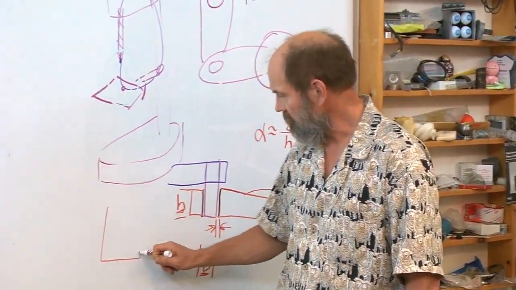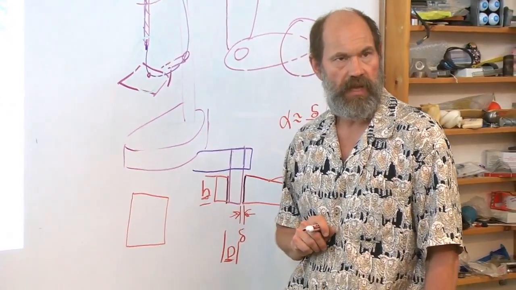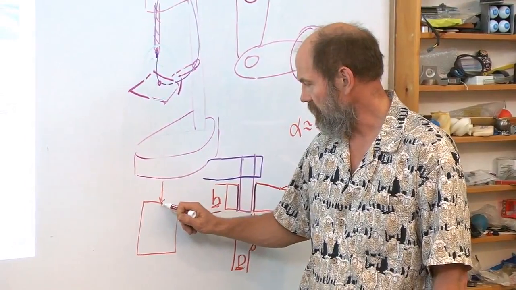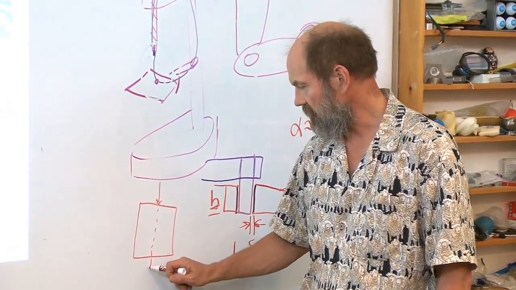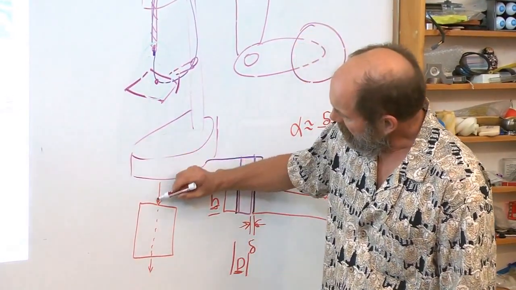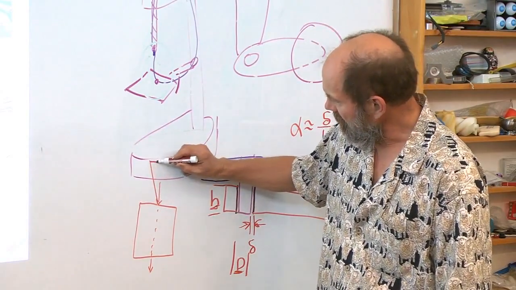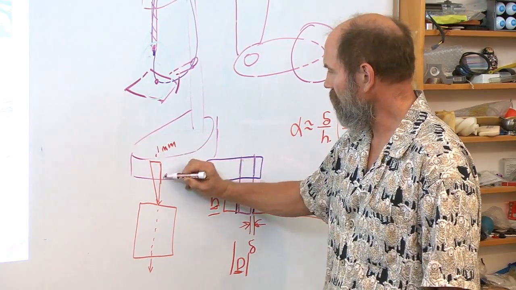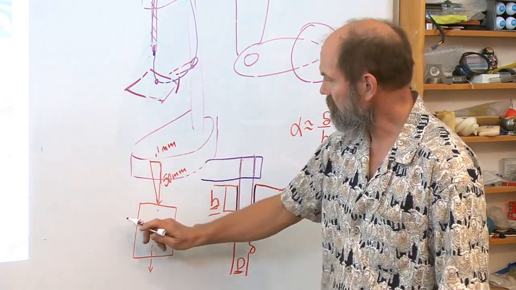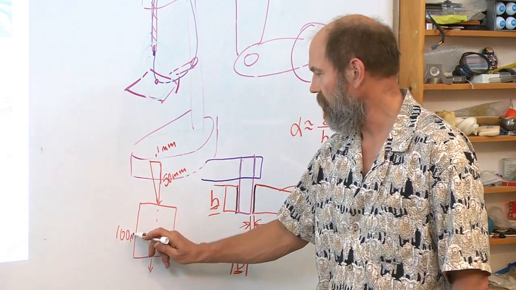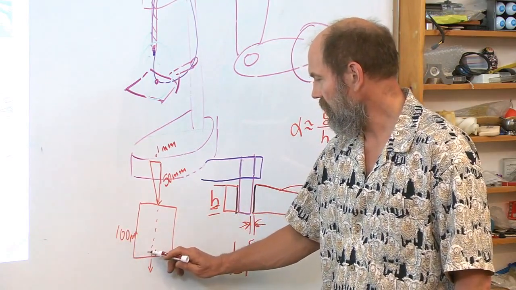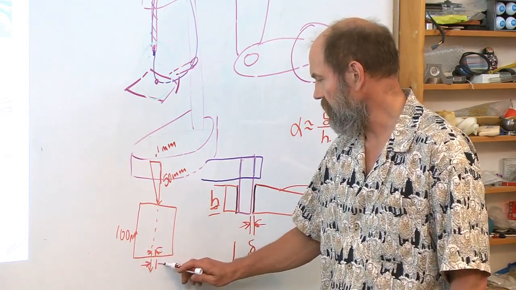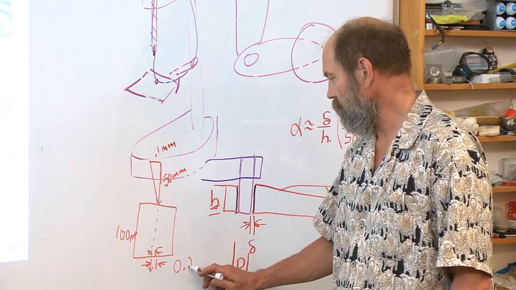If I have a block of something I want to drill a hole through, and I want the hole to enter in the center of the part, and I hope that the hole on the backside also exits out the center of the part, but it's coming in at an angle that's off by 0.1 millimeters over 50 millimeters, and this part is 100 millimeters tall, guess how much off your hole is going to be down here. 0.2 millimeters.